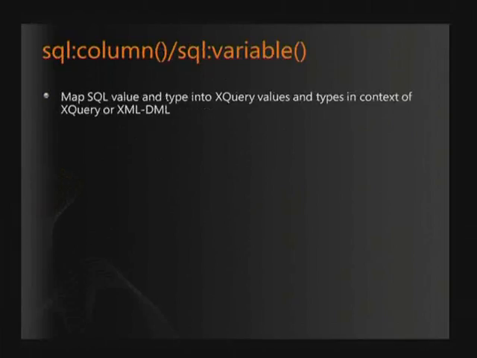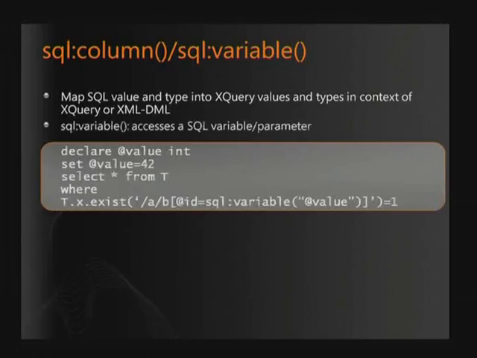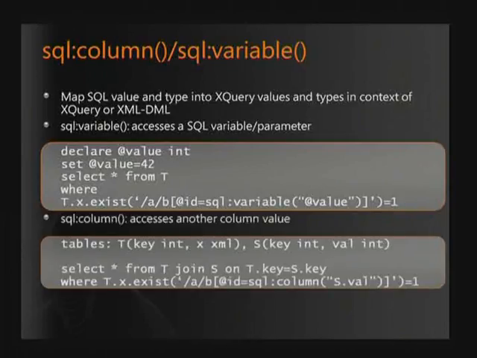I also have the ability to refer to relational values from within XQuery using sql:column and sql:variable. And they refer to exactly what the name says. So sql:variable allows us to access SQL variables and parameters in the context of XQuery. This is an example where I basically extract values out of my table where the ID of the B element is the same as the value that is tied to the SQL variable. sql:column allows me to access other column values within my query expression.